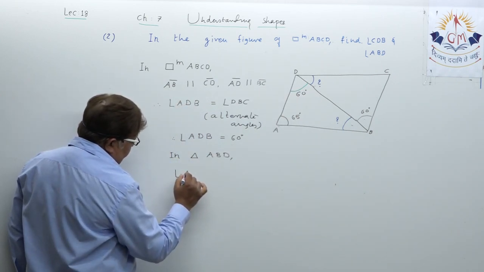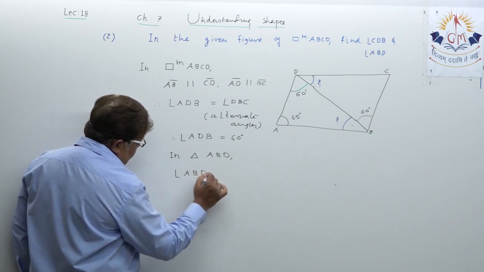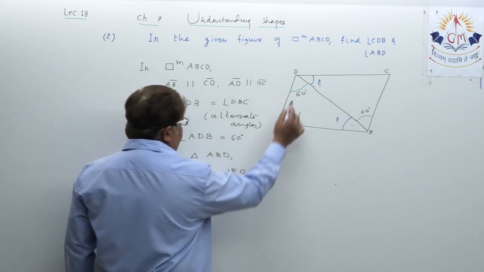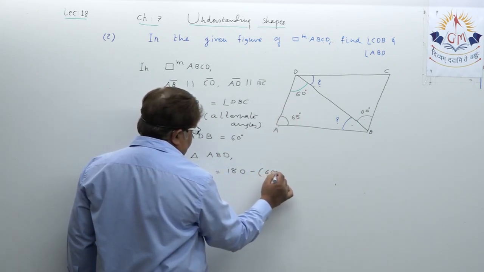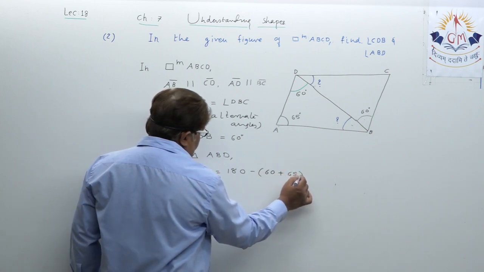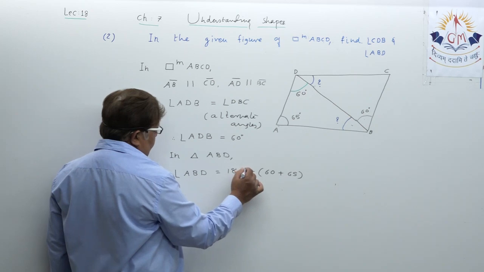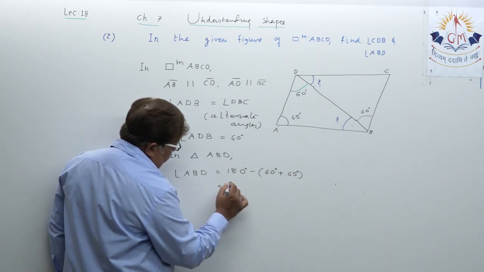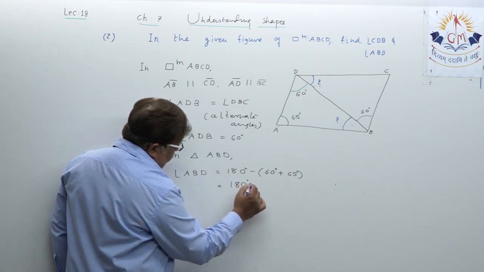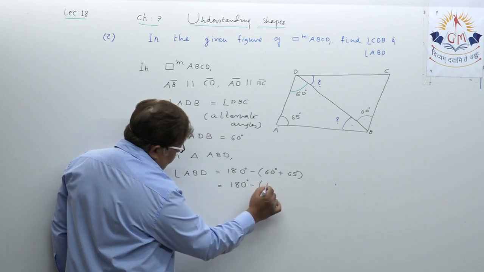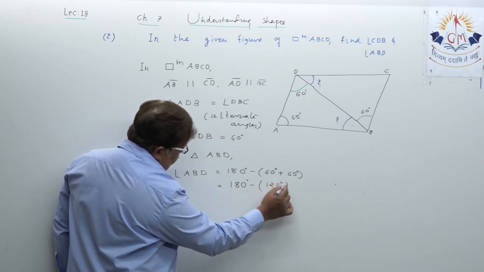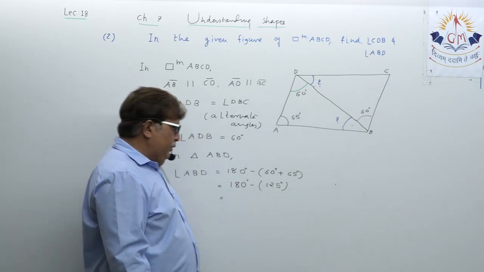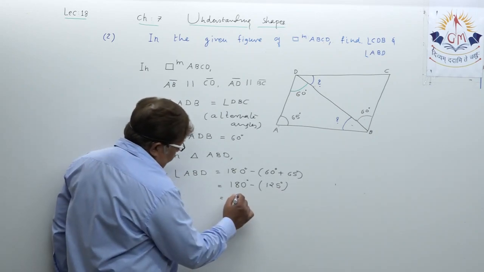I am directly writing this way. Angle ABD equals 180 minus, you must be knowing this, 180 degrees minus 60 degrees plus 65 degrees. 180 degrees minus, just carry this, 125 degrees, just subtract it. 180 minus 125 turns out to be 55 degrees.